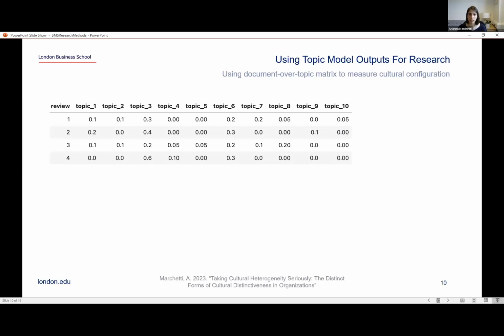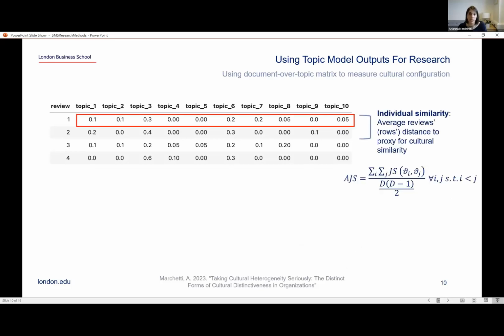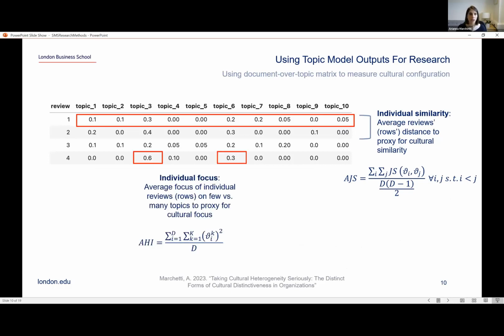So just as a quick example, for instance, we can compute individual similarity. So we can compare every person in the way they describe the different topics to other people and understand whether people in this organization are on average similar or not, and whether they are focused on describing just a few topics, as we can see for review number 4, or they're rather talking about a bunch of different things.